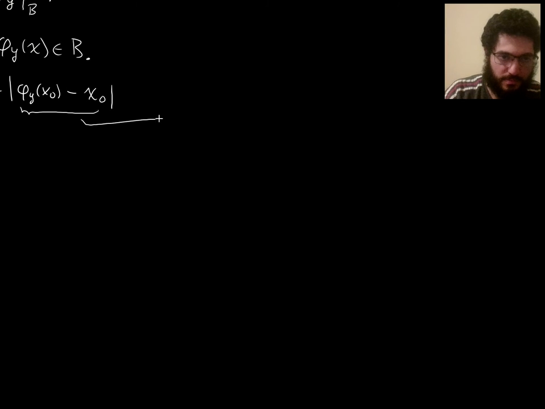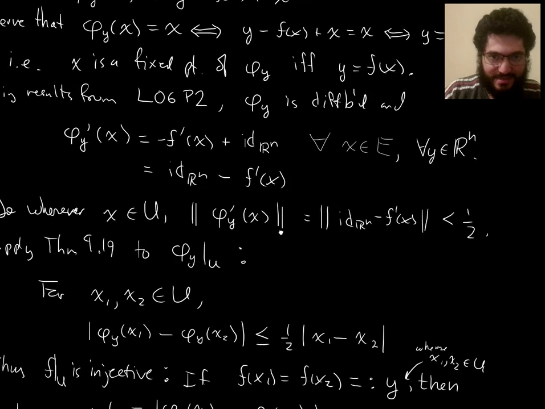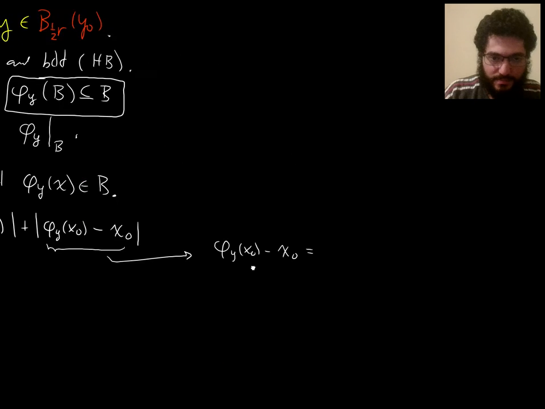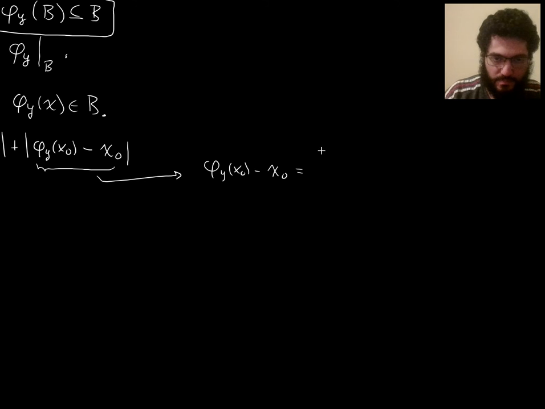So phi sub y, I don't remember exactly, it was this: y minus f of x naught plus x naught. And then I'm subtracting x naught, and I get y minus f of x naught.